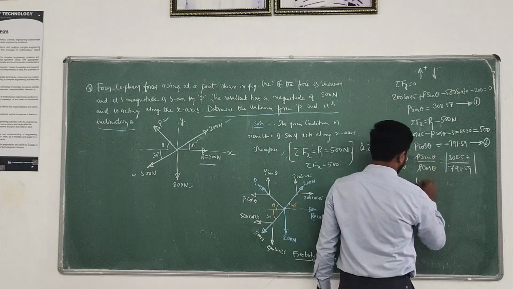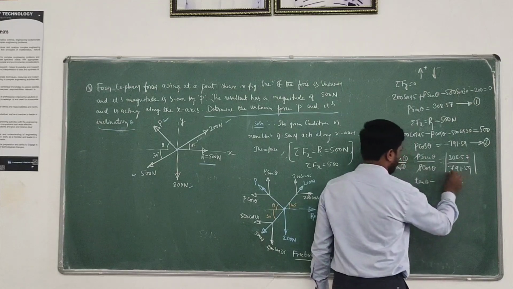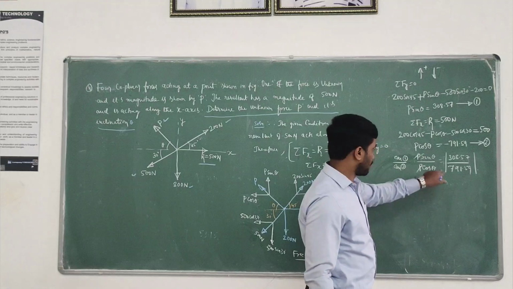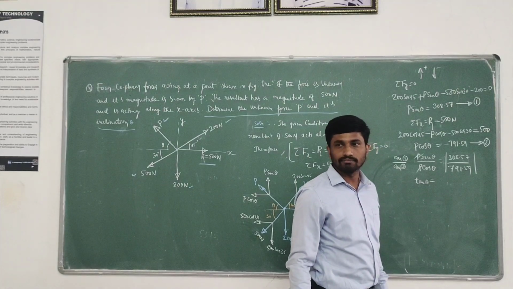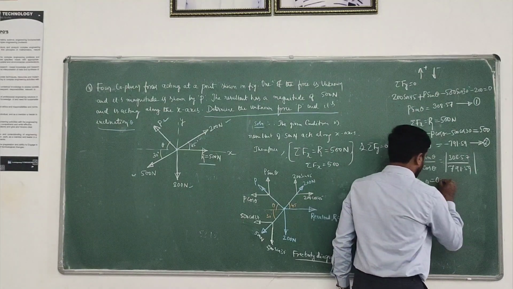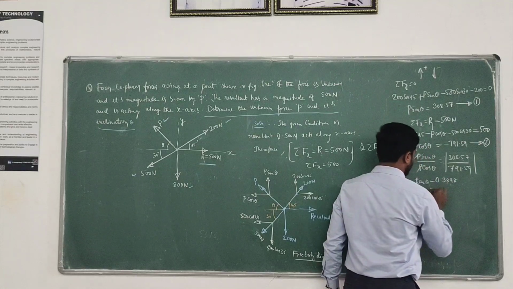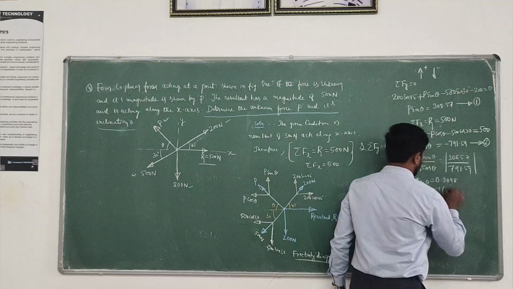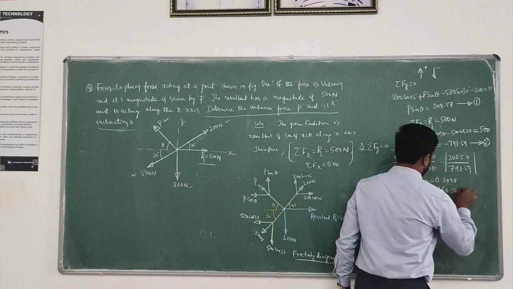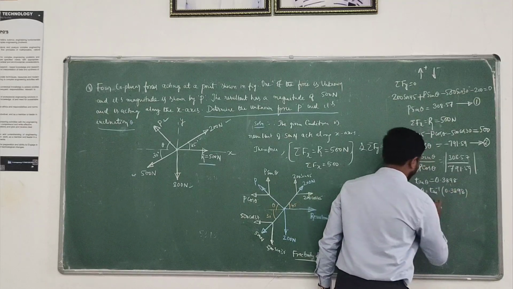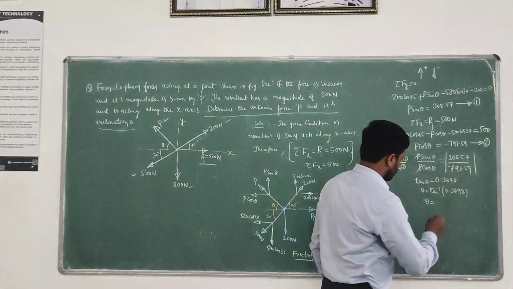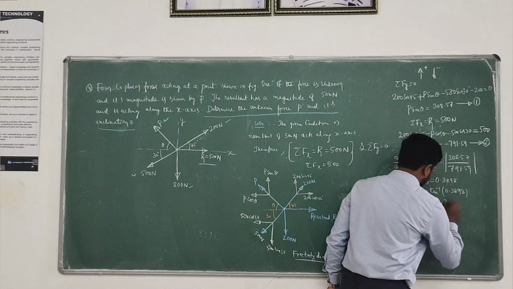You are getting tan theta equals 308.57 divided by 791.59, which is 0.3898. So theta equals tan inverse of 0.3898. You are getting theta equals 21.29 degrees.